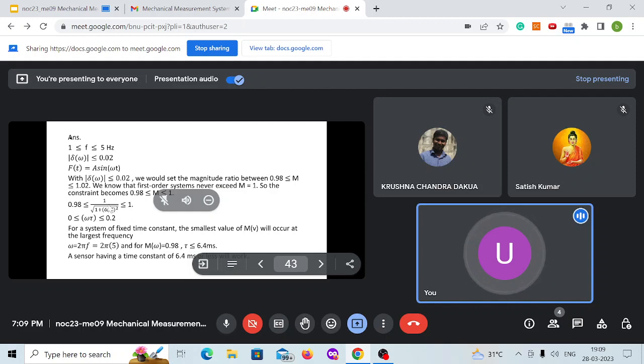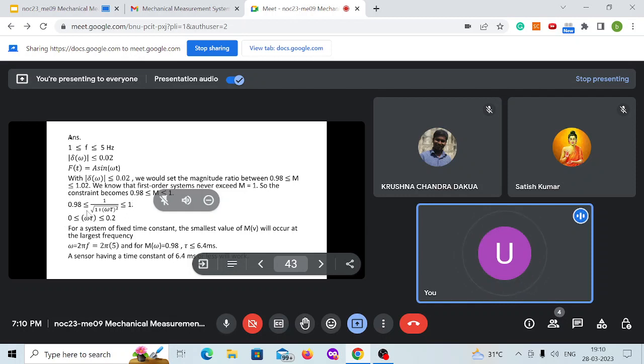For that, omega tau will become 0, so the whole amplitude ratio will become 1. If you take the amplitude ratio as 0.98, from this equation we get omega tau equals 0.2. So for the amplitude ratio to lie between 0.98 and 1, omega tau should lie between 0 and 0.2. For a higher amplitude ratio, omega tau goes to a lower value.